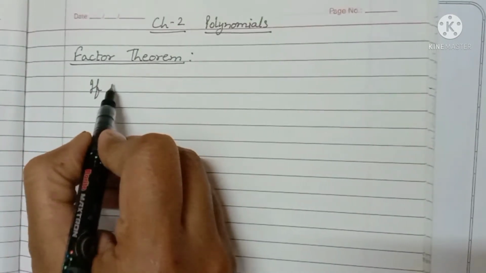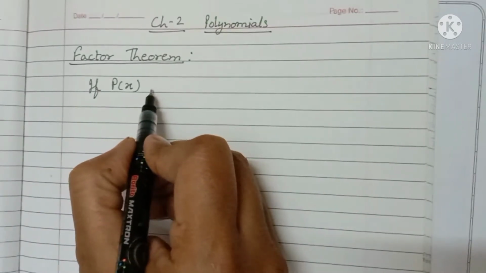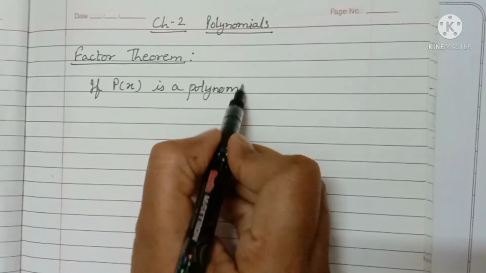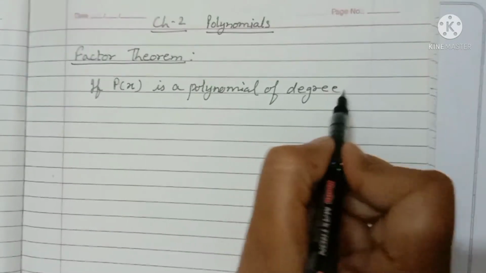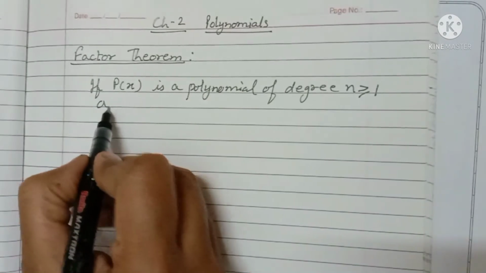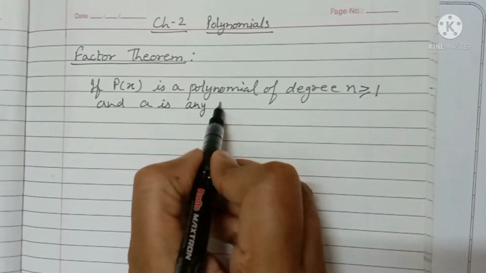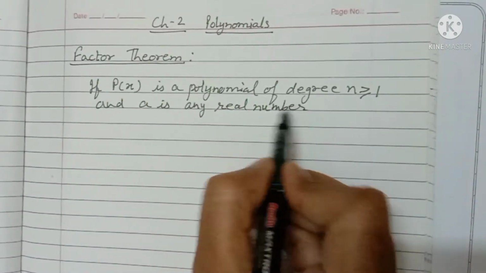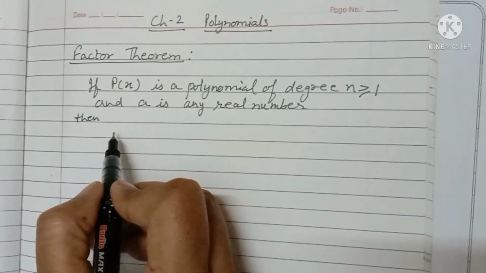If p(x), a polynomial in x, is a polynomial of degree n greater than or equal to 1, and a is any real number, then there are two conditions.